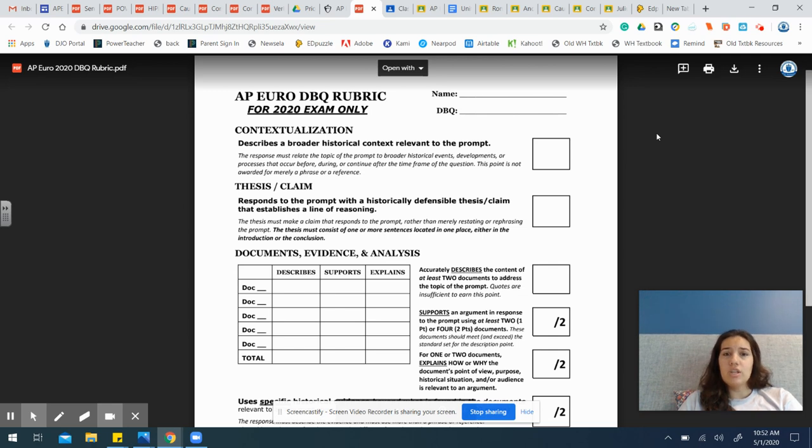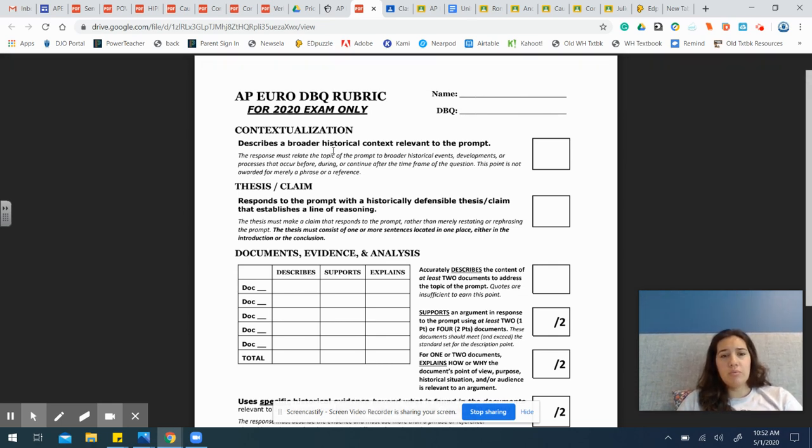For that first introductory paragraph, I really think you should focus right off the start on adding some contextualization. Think about the upside down pyramid that we talked about when we worked on our DBQs. You want to start out a little bit broader, set the time period and the tone of the paper, and provide some background knowledge of the time period or the event or thing you're going to be discussing.